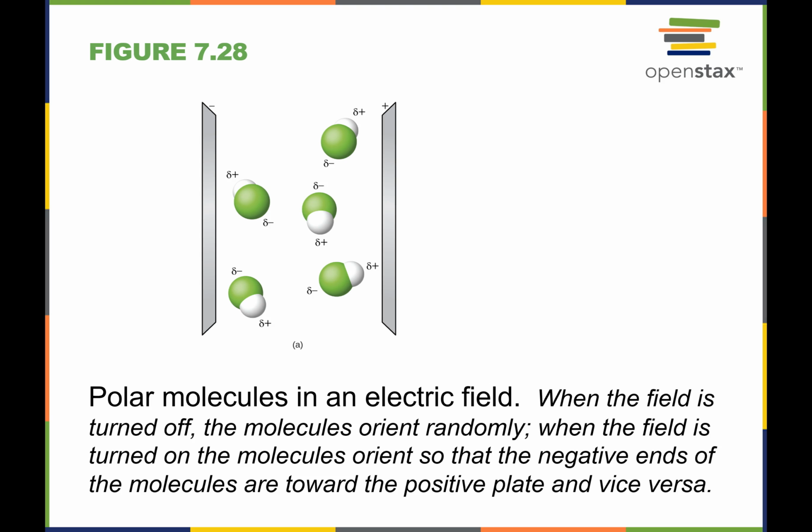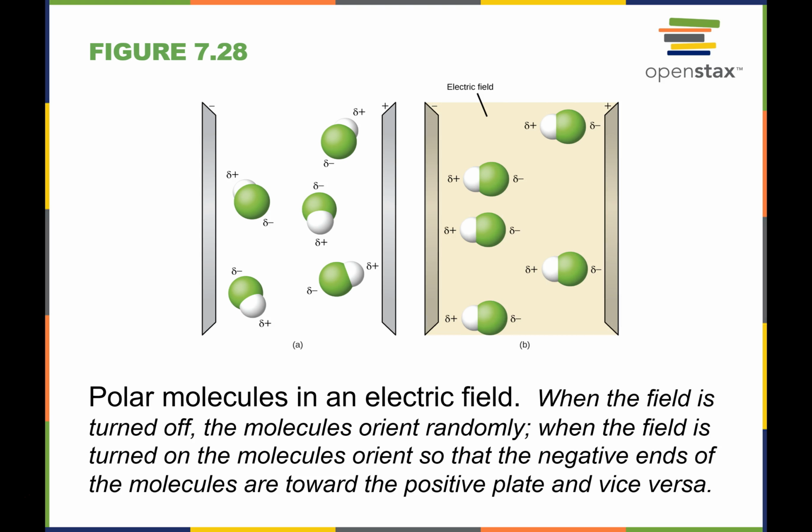What this is showing you is metal plates that we can run a charge through. If we electrify these plates, we can make the one on the left negatively charged, and the plate over here positively charged, just by running an electrical current. Here, the current is off. Here, the current is on.